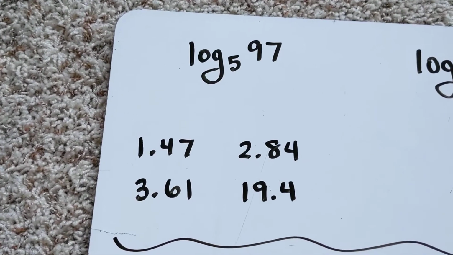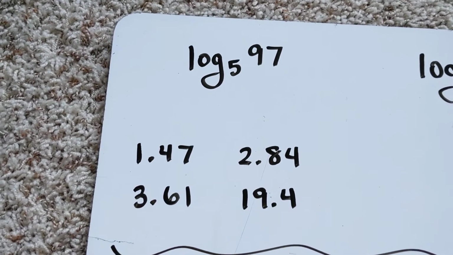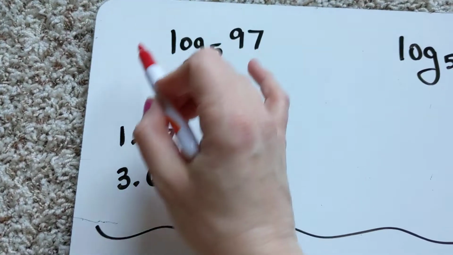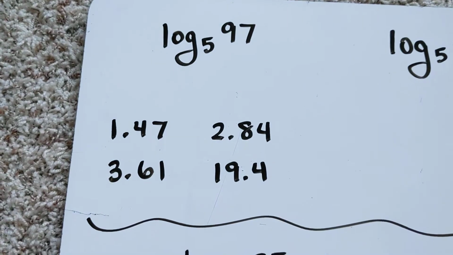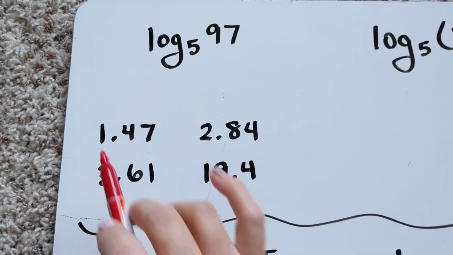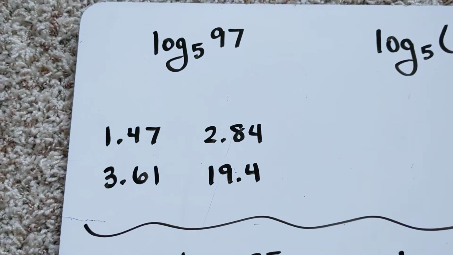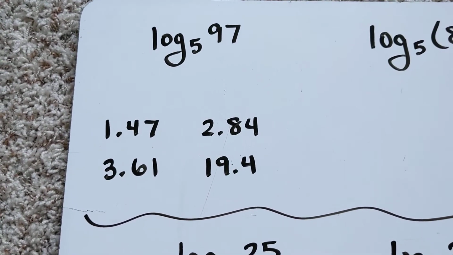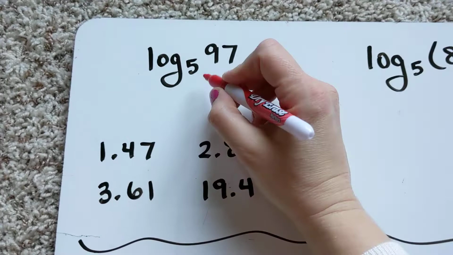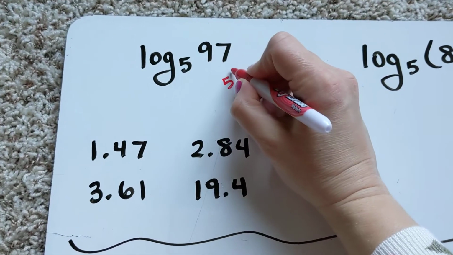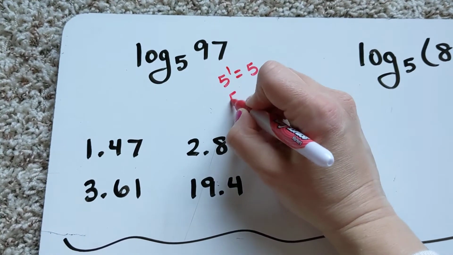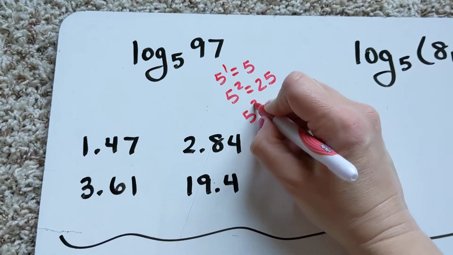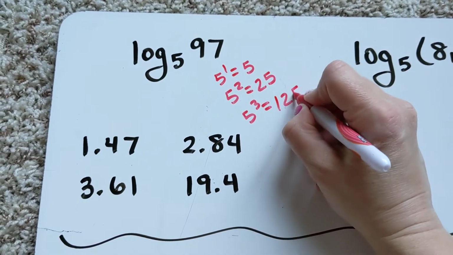Okay, we have a few more examples. These are a little bit tougher. And I know some of you don't have a calculator, but if you got this problem on the quizzes, and because you have multiple choice answers, even without a calculator, I think you could guess this one well enough to get it right on the test. So remember, you know 5 to the first is 5, 5 to the second, 25, 5 to the third, 125.